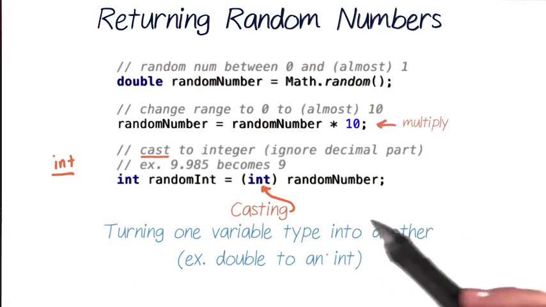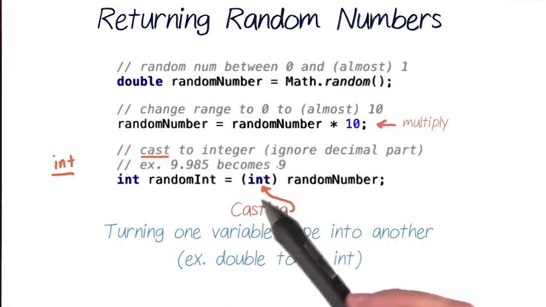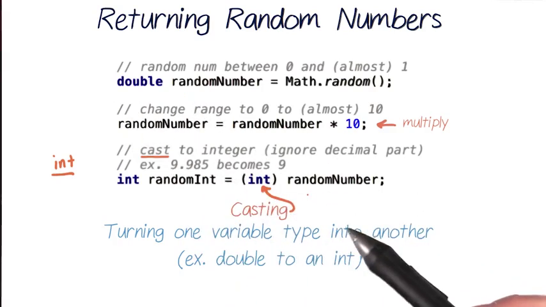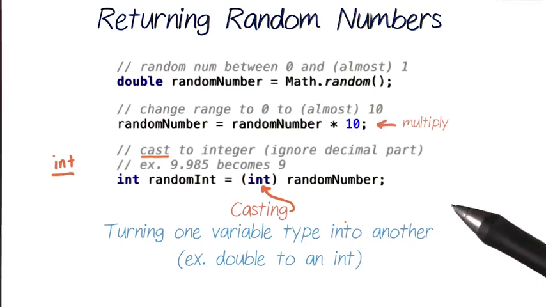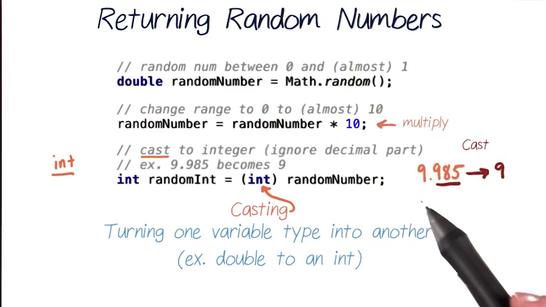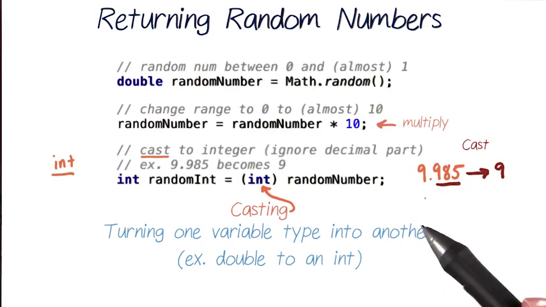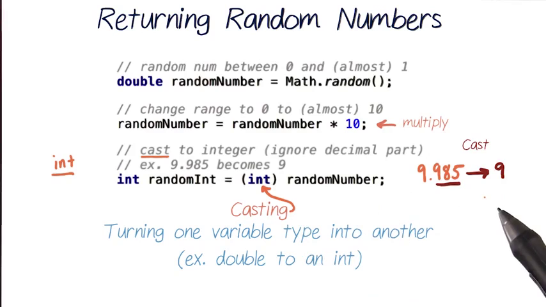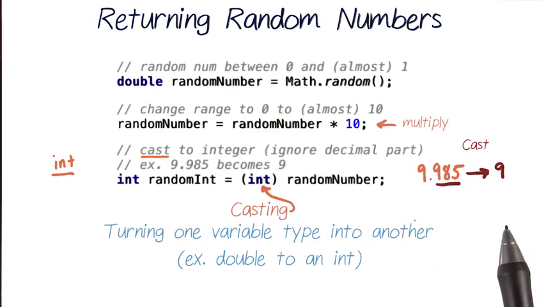So when we cast a decimal number, which for randomNumber is a type of double, to an int, this cast will drop whatever decimal value the original number has, and turn that double into an int. So say our randomNumber has a value of 9.985. Even though this value is close to 10, when we cast this value to an int, it will just turn into 9. And the decimal part, 0.985, will be ignored.